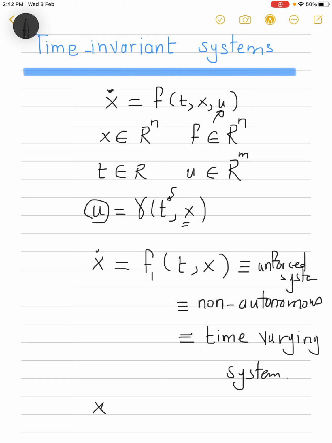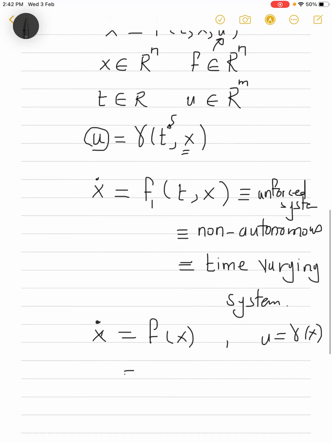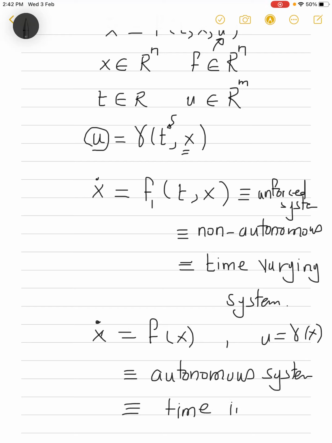But if the state equation is in the form f of x only, and that still allows for feedback in the system in the form u equals gamma of x, then we call the resulting system an autonomous system, and that's also called a time invariant system.